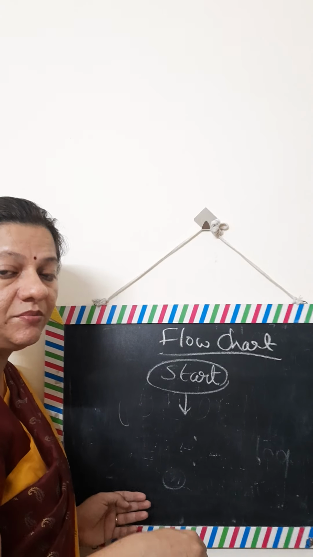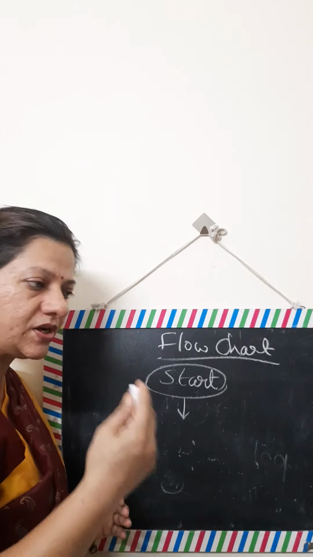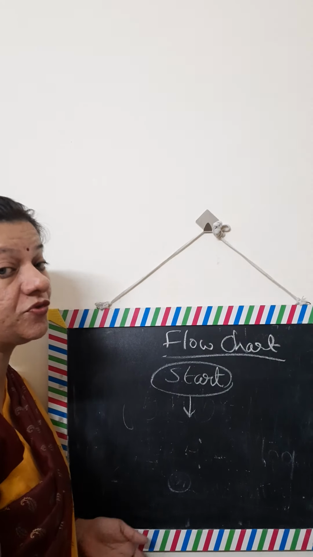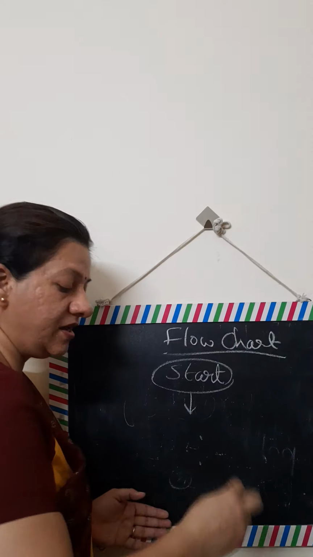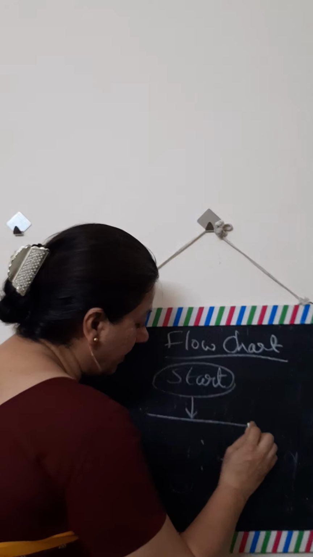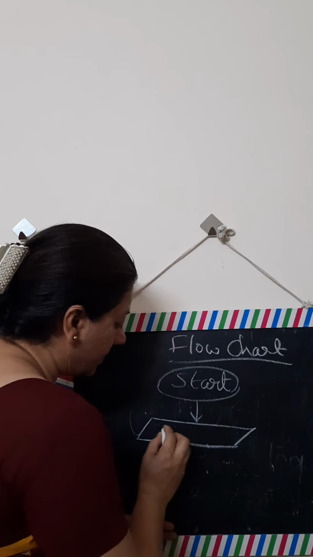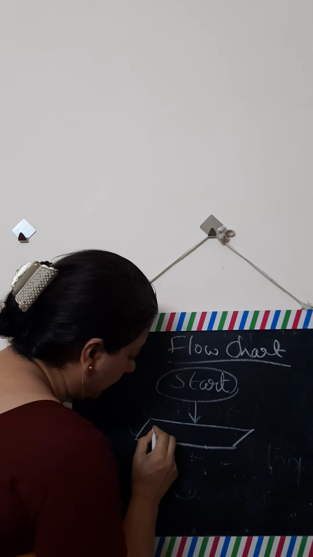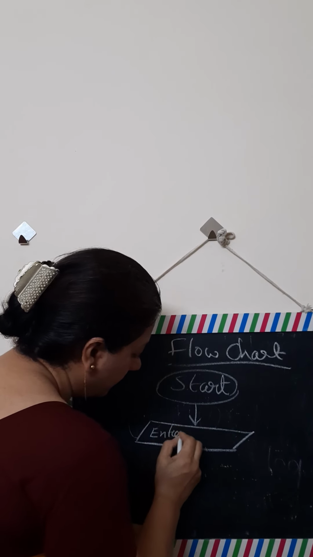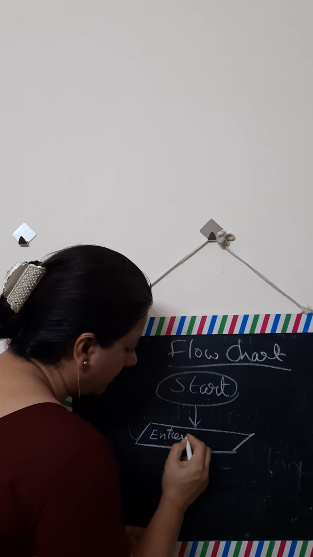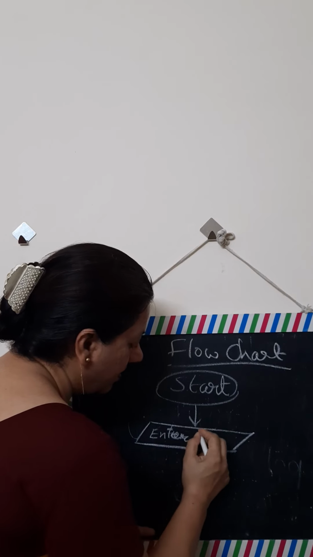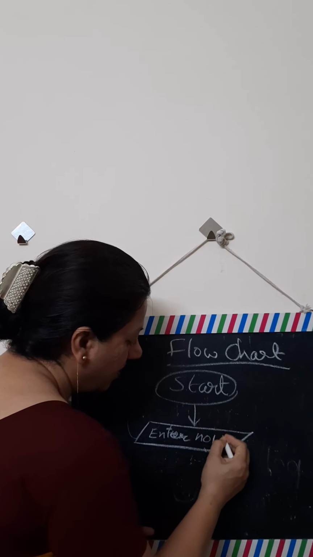I already have the numbers, or I'm taking an input from the user. I'm assuming that I'm taking an input from the user. Taking input from the user requires an input box, which is a parallelogram. So I will say enter number 1, comma number 2.